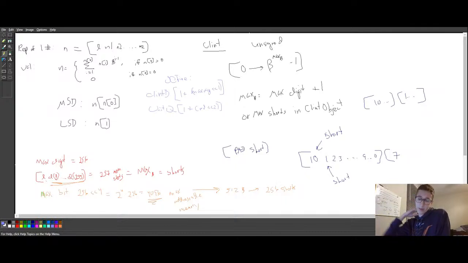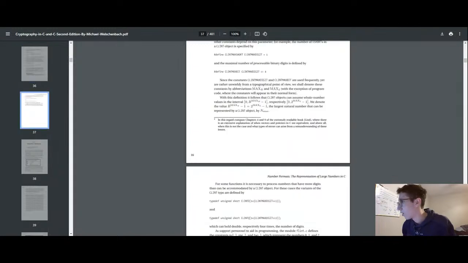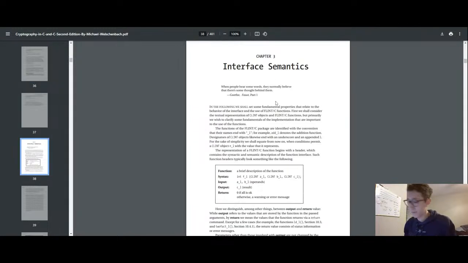Yeah, so that's kind of the basics. That's what we talked about. I want to use this, and let's start talking about adding and subtracting these numbers. Okay, interface semantics. Oh wait, I don't think this is as important.